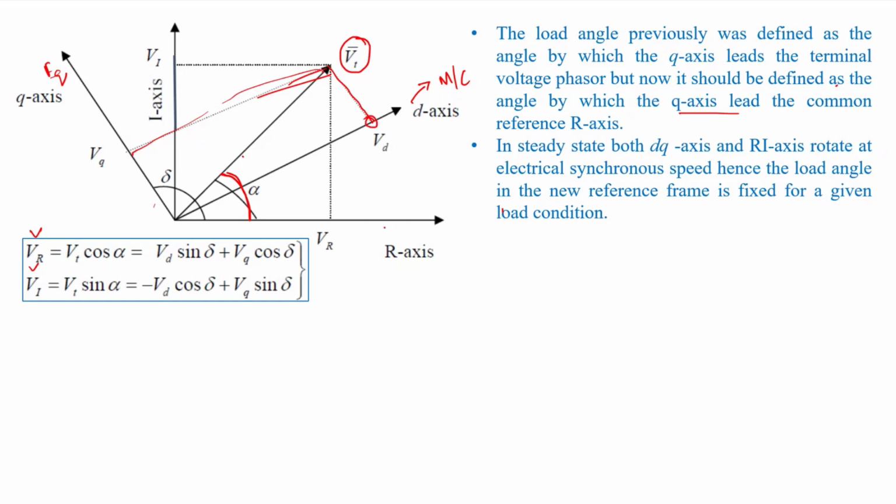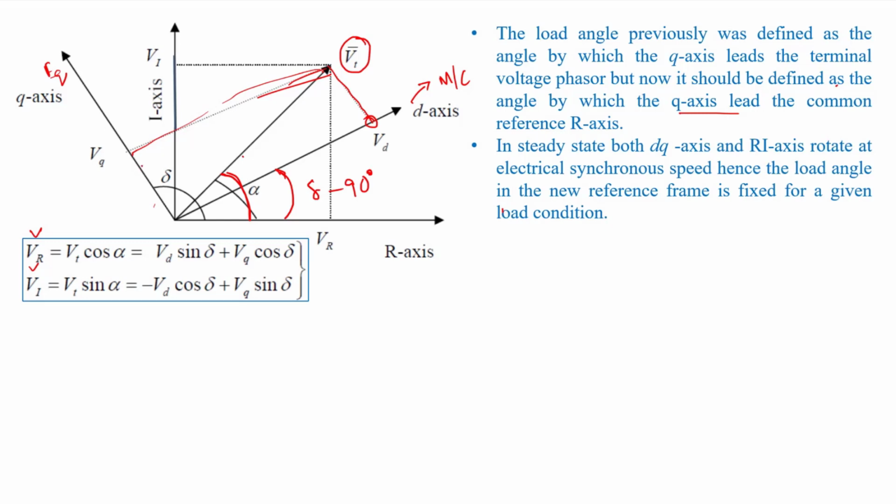VD is making an angle with the R axis. How much is the angle? That will be delta minus 90 degrees.